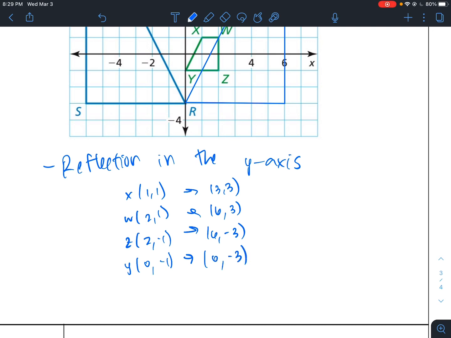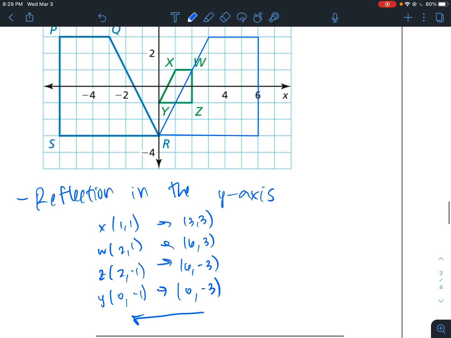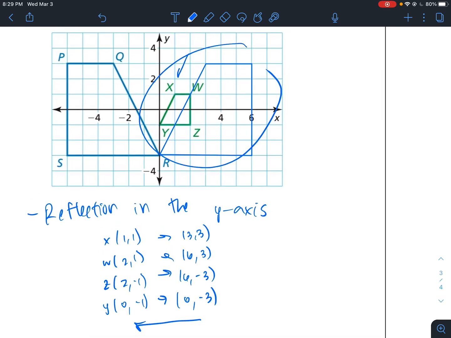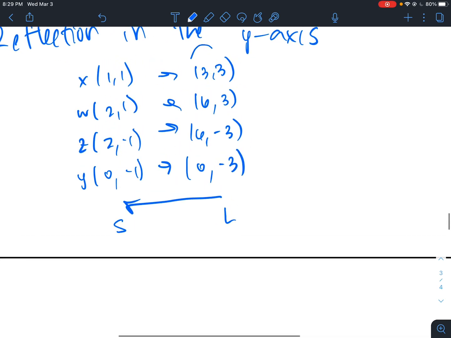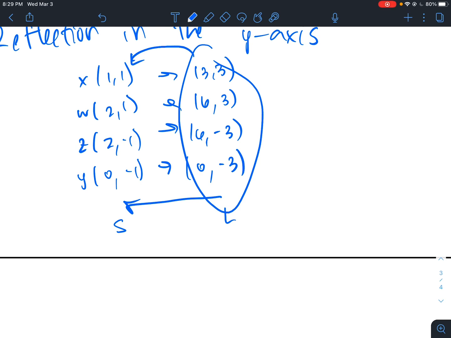So there's a dilation happening from here to here, and hopefully you can see it. The dilation is from here to here, right? Because I'm trying to get from the larger figure to the smaller figure. So this is my larger figure, this is my smaller figure, so you can see that everything is bigger by a factor of 3.